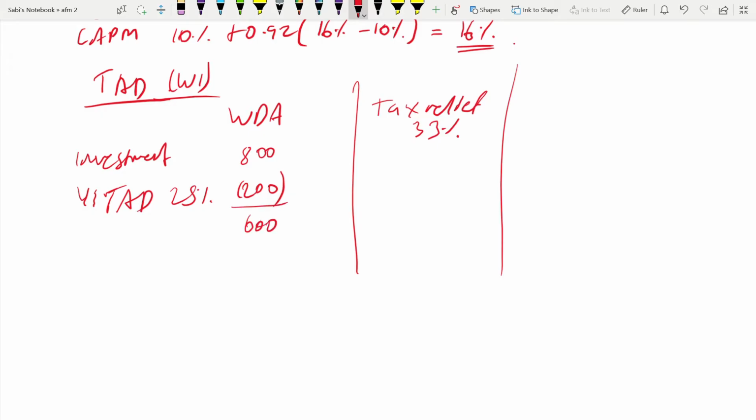On this 200, the tax allowable depreciation, you have to take tax, which is 33% of 200, that is 66. Next, year 2 tax allowable depreciation, 25% on 600 will be 150. On this 150, you need to find 33%, which will be 50.